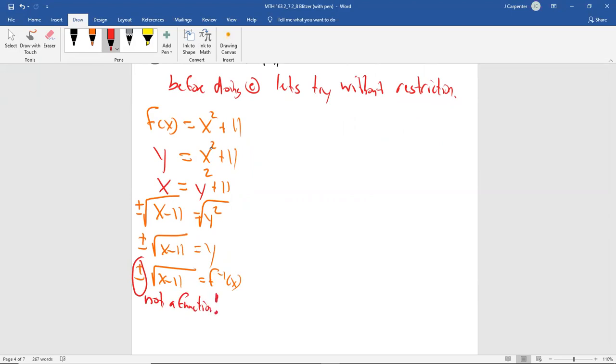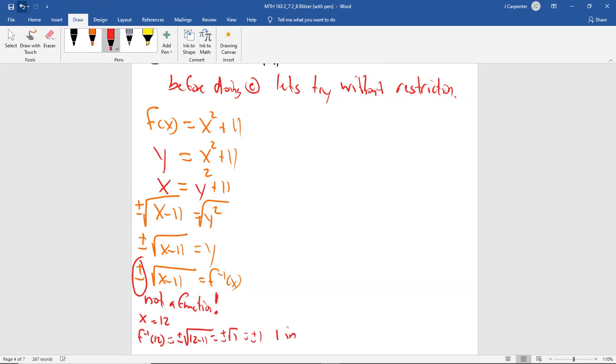We talked about that a couple of weeks ago. Because if you just plug in one single number, let's say I plugged in 11. Now let me not do 11, let me do 12. That wasn't actually going to show my point. If I plug in x equals 12, then f inverse of 12 is equal to plus or minus the square root of 12 minus 11, which is plus or minus the square root of 1, which is plus or minus 1.